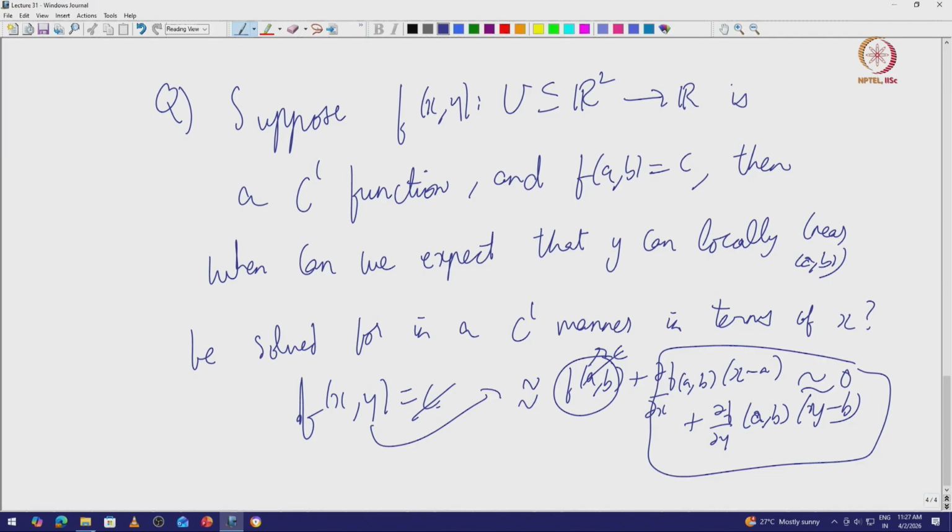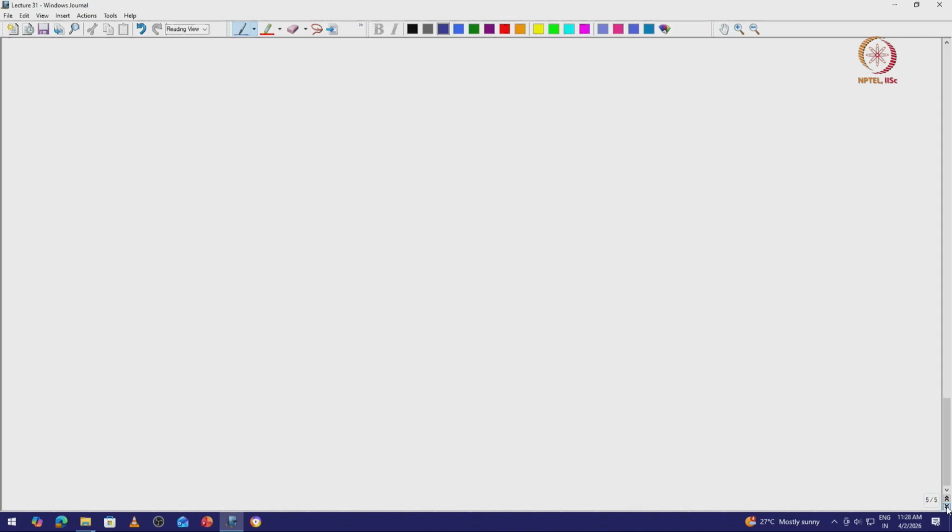Which means we can expect to solve for y approximately in terms of x provided this is not 0. If this is 0, then we are in trouble, right? Then it is unreasonable to expect to be able to solve for y in terms of x in a nice manner. Okay. So, this then leads us to a theorem.